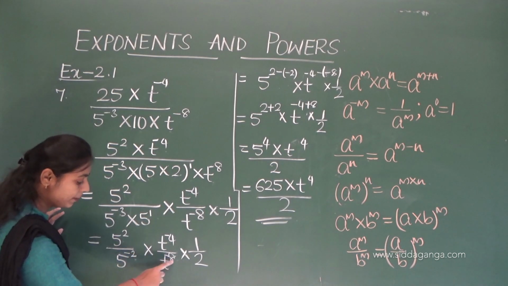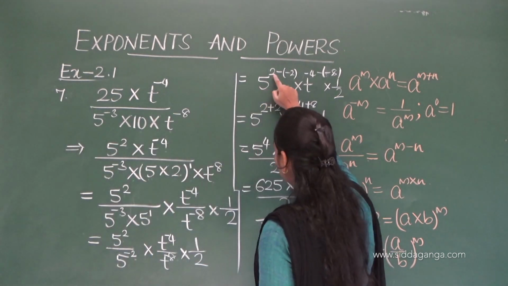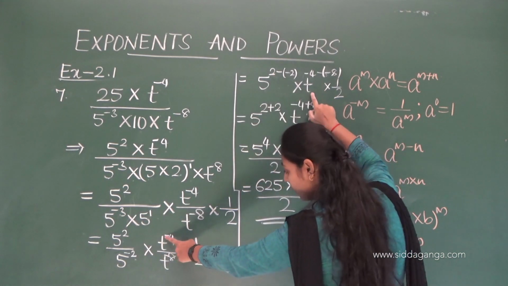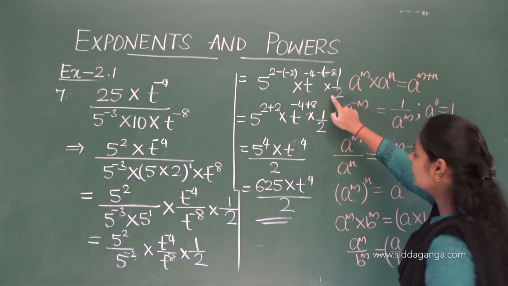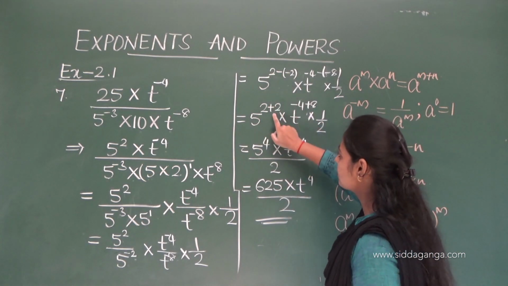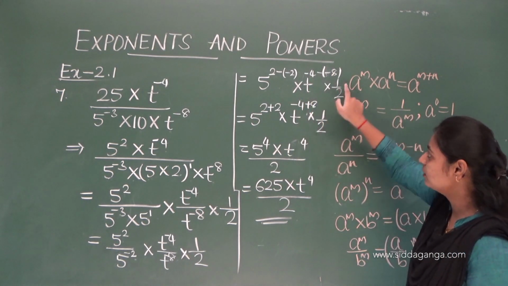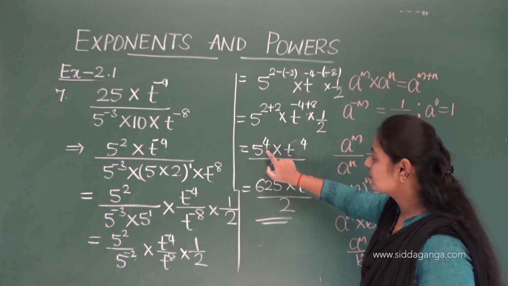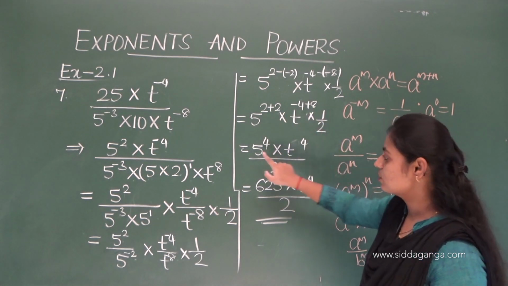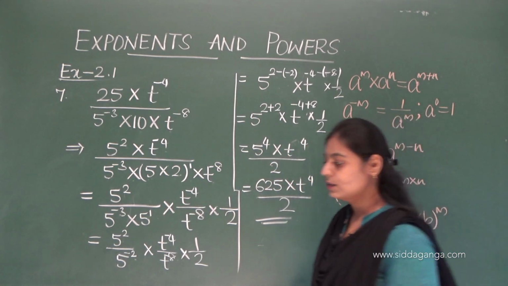So a power m by a power n is equals to a raised to the power of m minus n, that is 5 to the power of 2 minus of minus 2 into t to the power of minus 4 minus of minus 8 into 1 by 2. 5 to the power of 2 minus into minus is plus 2 into t to the power of minus 4 minus into minus plus 8 into 1 by 2. So 2 plus 2 is 4, minus 4 plus 8 is plus 4 into 1 by 2. So 5 power 4 is 625 into t raised to the power of 4 divided by 2.